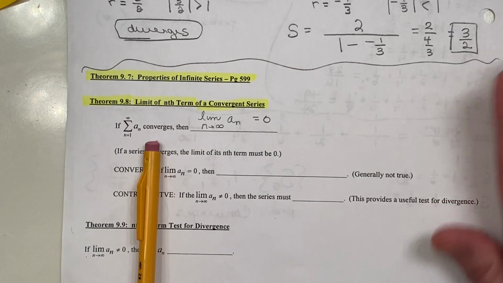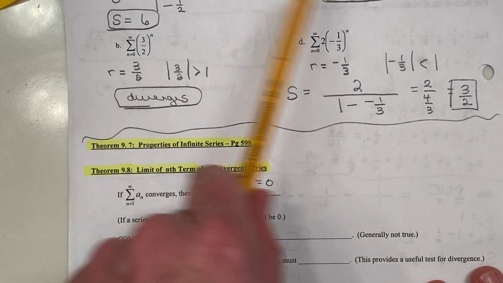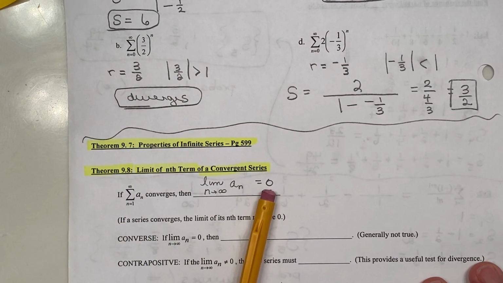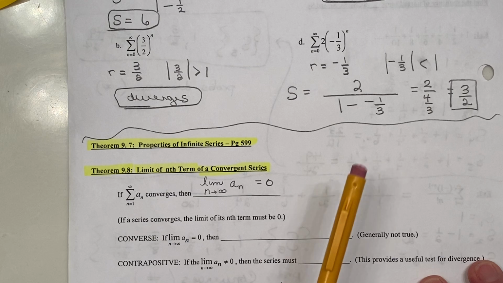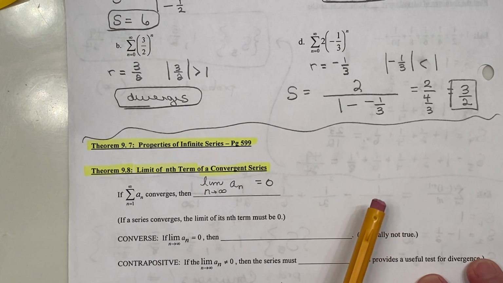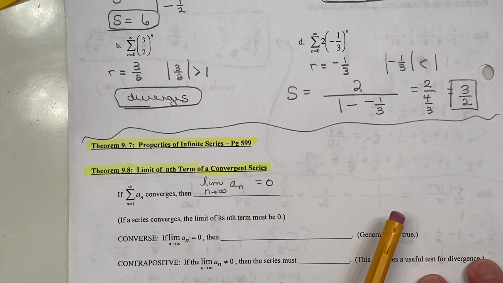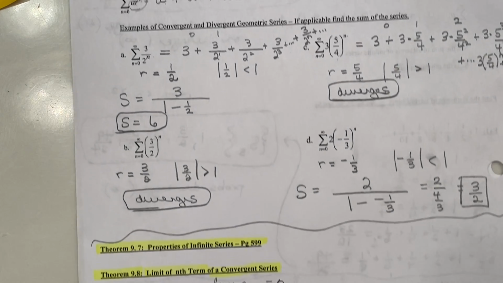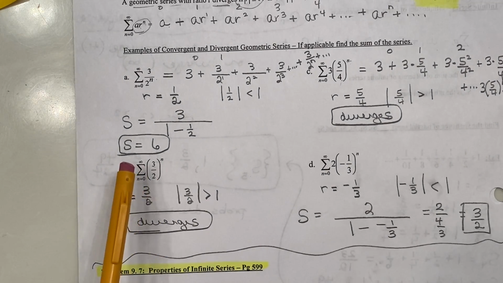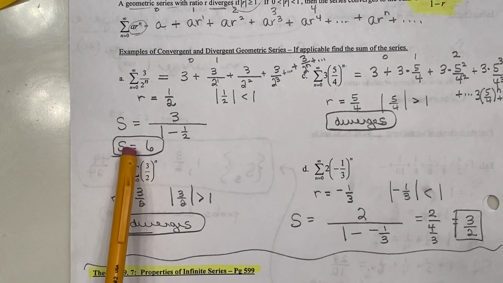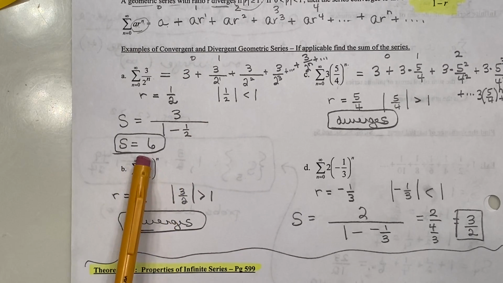So if we have a convergent geometric series like we did up here, then it has to be that when we take a peek at later and later terms in that series, those terms are approaching a value of 0. Let's find one where that happened. This was a convergent geometric series.